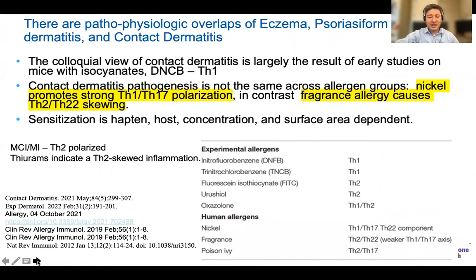Now, I want to point out that allergic contact dermatitis is not a single disease, and it's not a single pathophysiology. We tended to anchor our thoughts that contact dermatitis was a Th1 disease, right? We certainly think of psoriasis as a Th17 disease influenced by IL-23 and IL-17, but a Th17 disease. And we think of atopic dermatitis as a Th2 polarized disease.